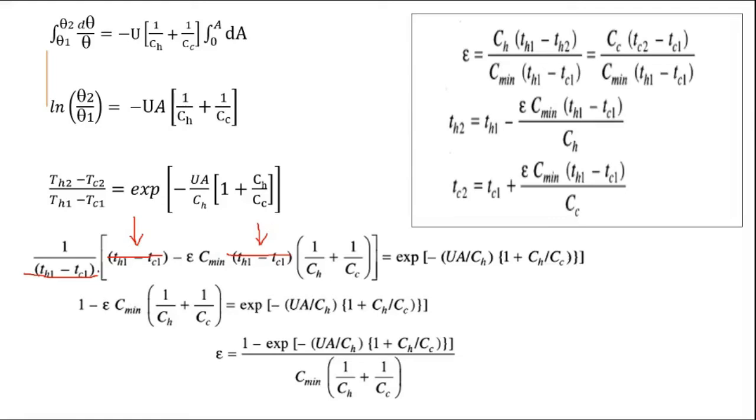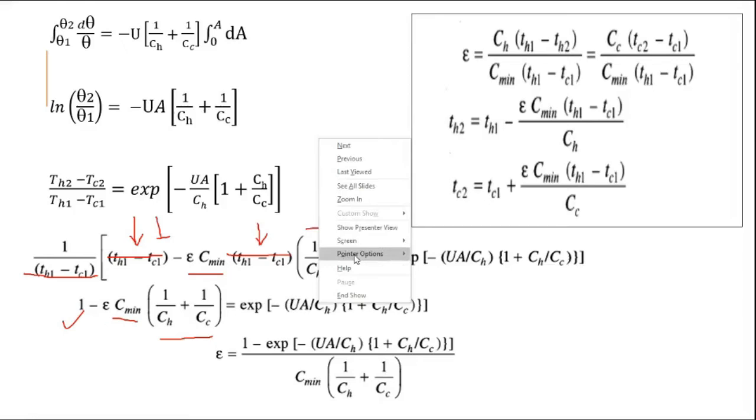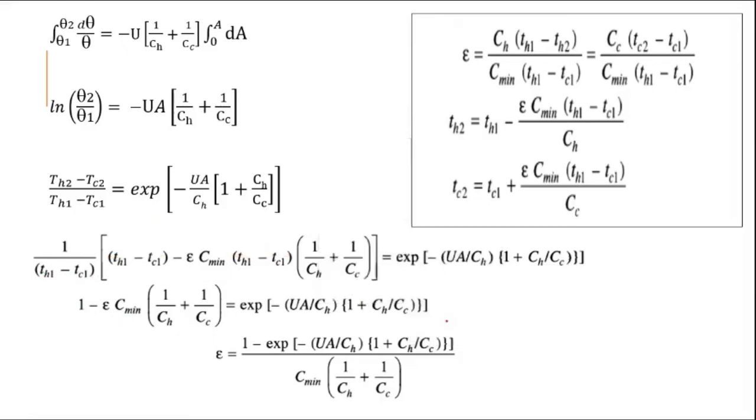So we can rewrite the expression. If you will cancel out, here we are going to get 1. So 1 minus epsilon C min (1 by Ch plus 1 by Cc) is equal to exponential of whatever we had on the other side. So it is equal to exponential minus Ua by Ch (1 plus Ch by Cc).